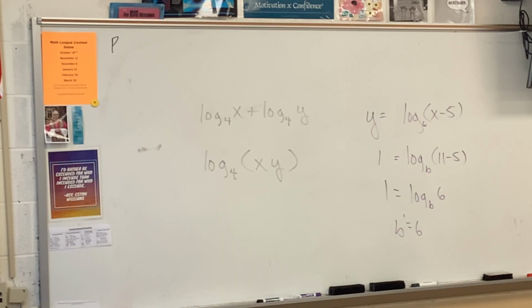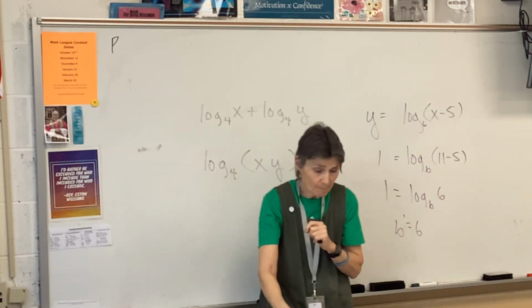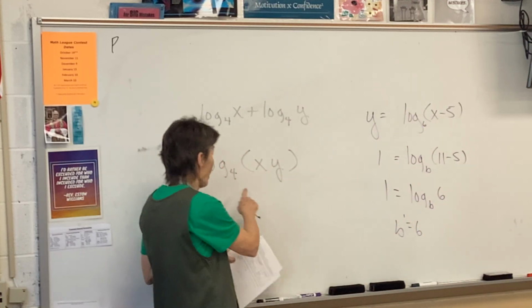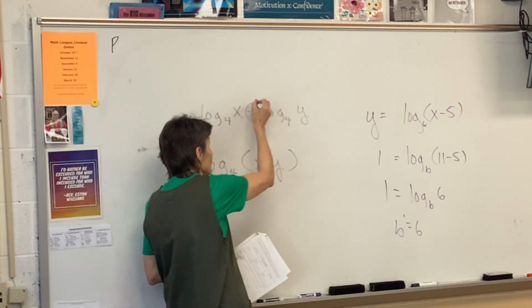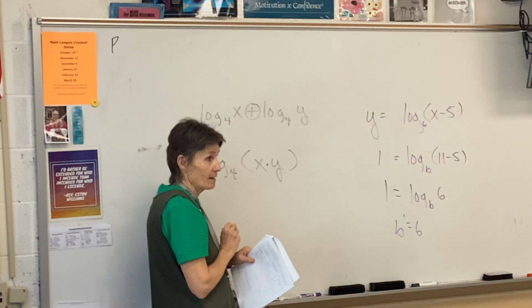When the logarithms are added, the numbers are multiplied. So your job was to take these two and put them together into one. Since that's a plus, they're going to go together as a times.